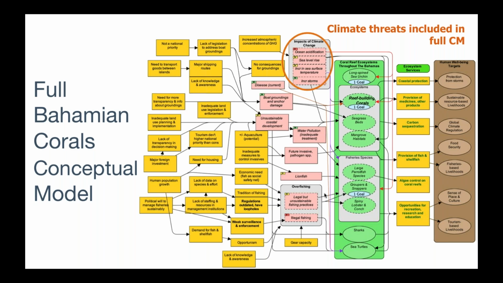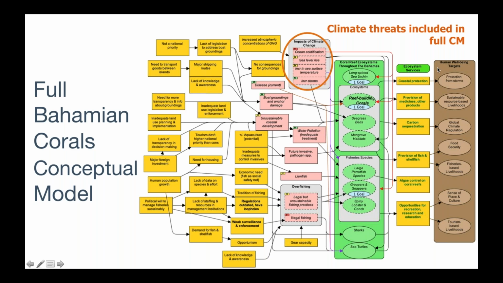I guess you could try to go straight to the overall conceptual model, but what I think you lose is that you're going to end up with a model that has a bunch of stresses in it, and so it's going to have a lot of factors in it, particularly if you also have the human well-being factors and the ecosystem services factors.